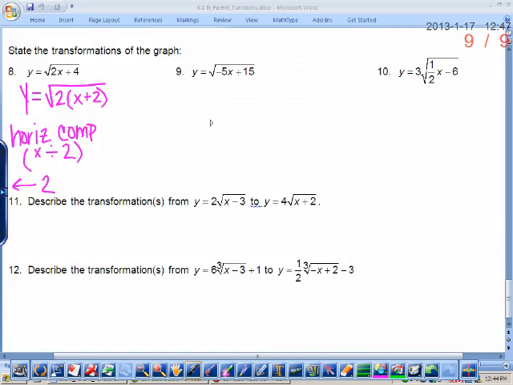What am I going to have to pull out? -5. So I'm going to rewrite this as y equals the square root of -5 times x minus 3. Good. Okay, what does that negative do?